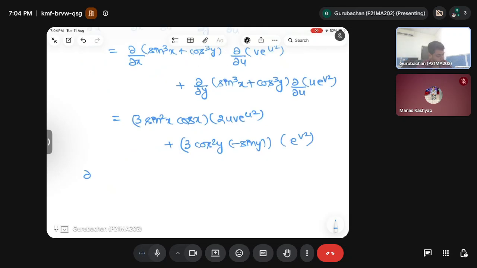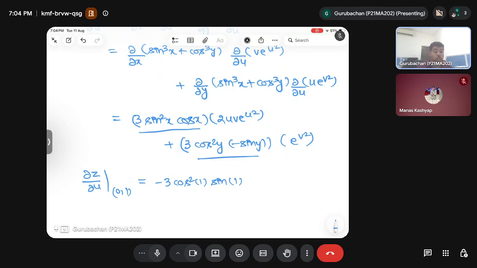So when you will try to calculate del z by del u at 0, 1, so this will give you value. Obviously sine 0 is 0, so this part will be left only, and since we are putting it 1, so this will be minus 3 cos square 1 into sine of 1.